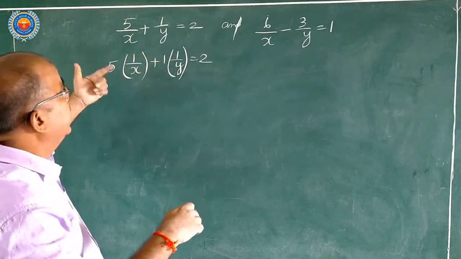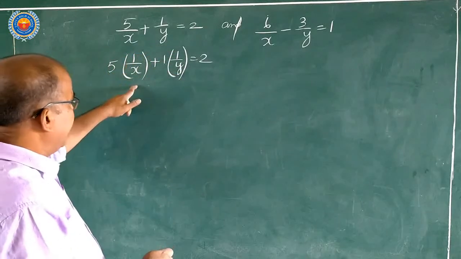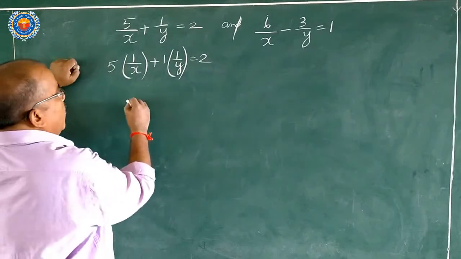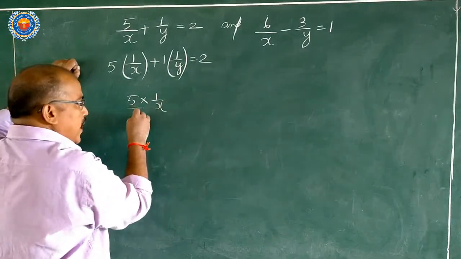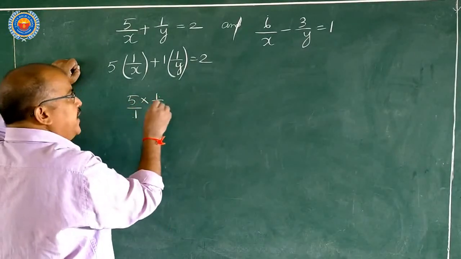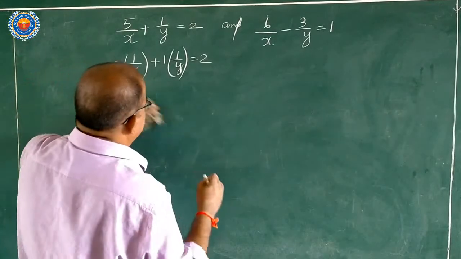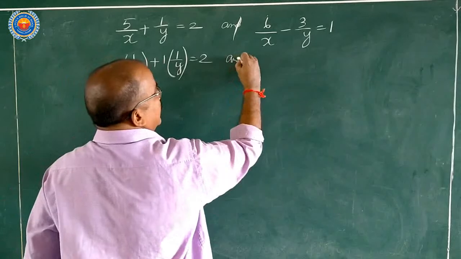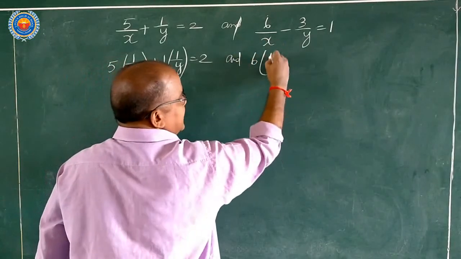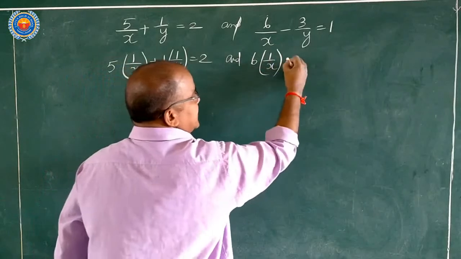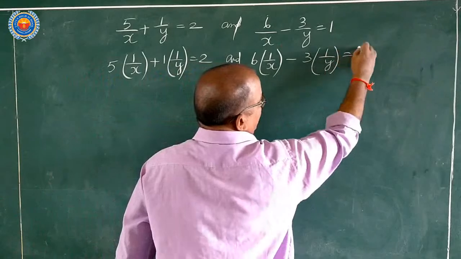If you want, once again just multiply 5 into 1, 5 by x. That is nothing but 5 into 1 by x. Here, this is 6 into 1 by x minus 3 into 1 by y is equal to 1.